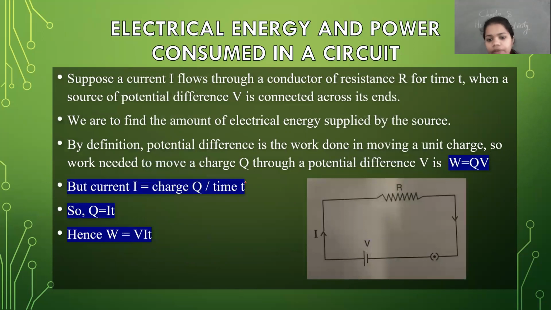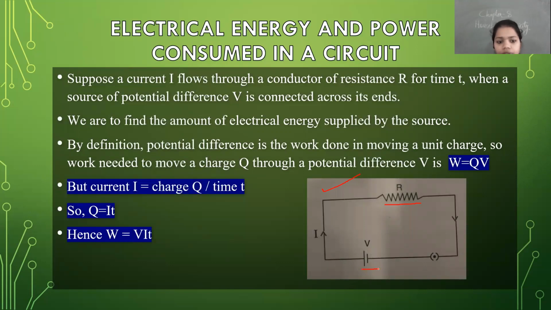Now, suppose we have a circuit which is given here. We have a current I flowing through a conductor of resistance R for a time t when a source of potential difference V is connected across its ends. We are here to find the amount of electrical energy supplied by the source.